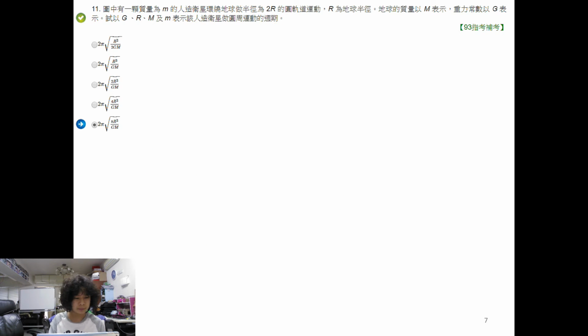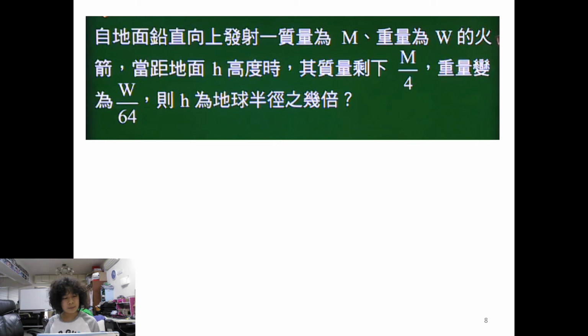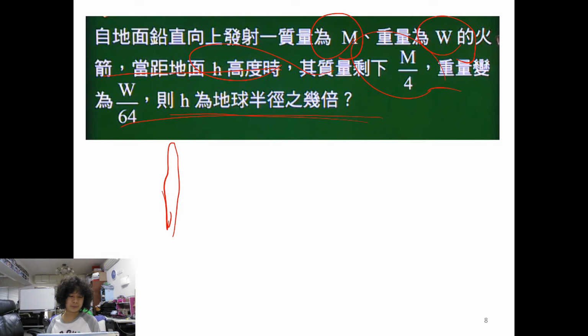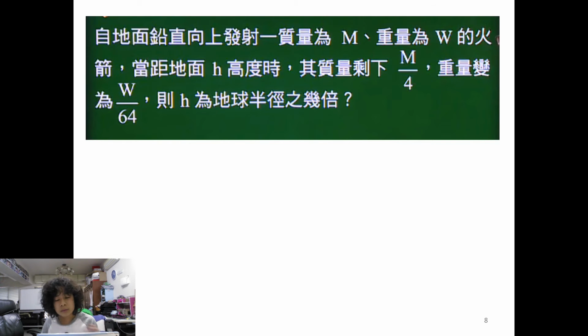Next question. You just move up and down with mass m or weight W, and its height is this, and what is the height? First, this is a very, very simple question. Why?